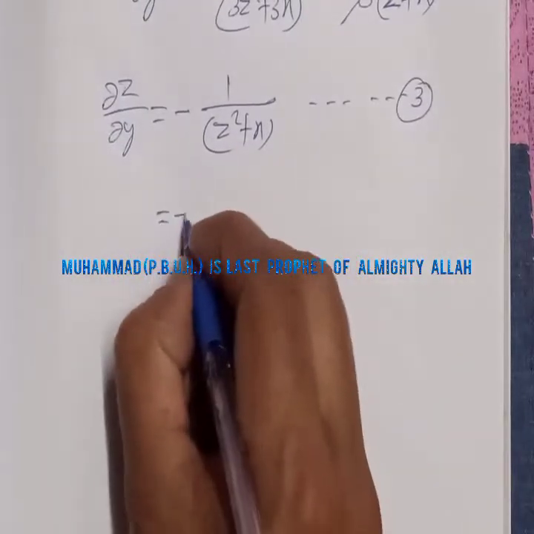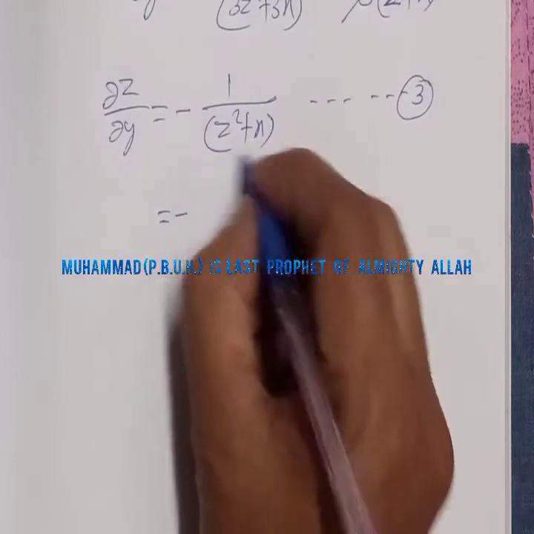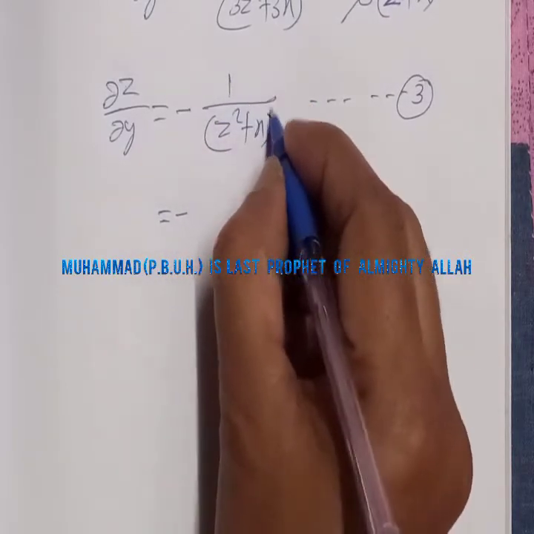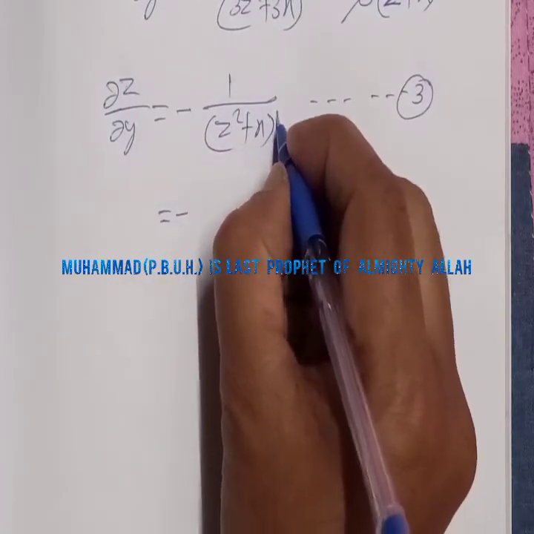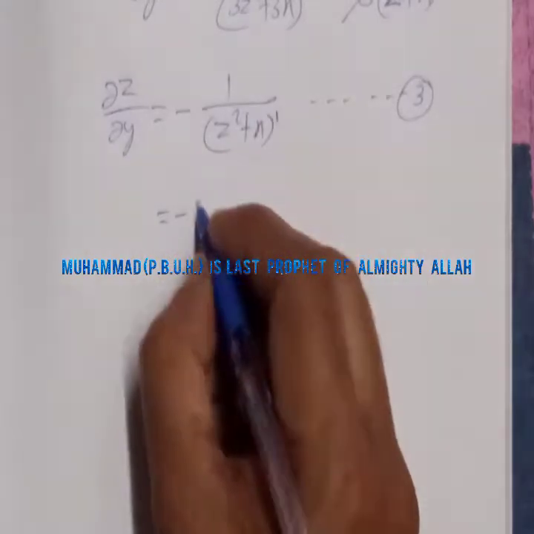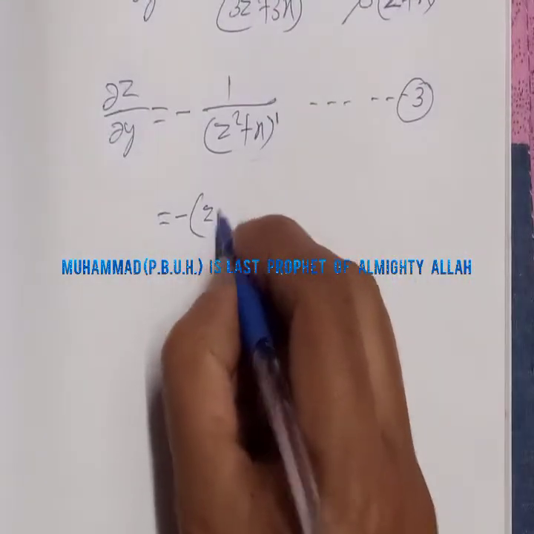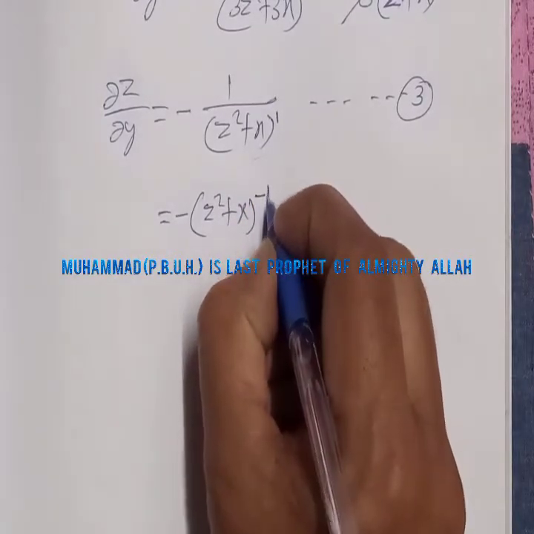We can write it as follows. Consider the power, which is constant for both x and y, as power 1. Since it is only one term, I take it to the numerator, and its degree becomes minus 1 with the sign change.